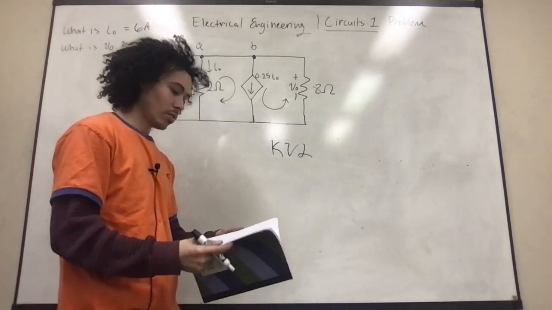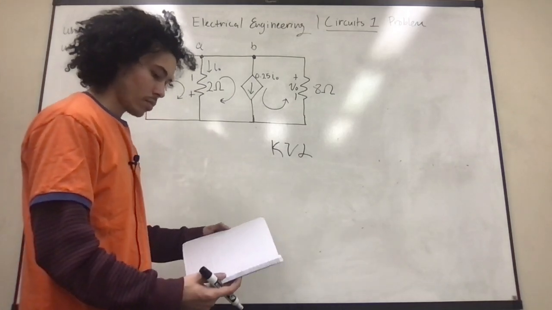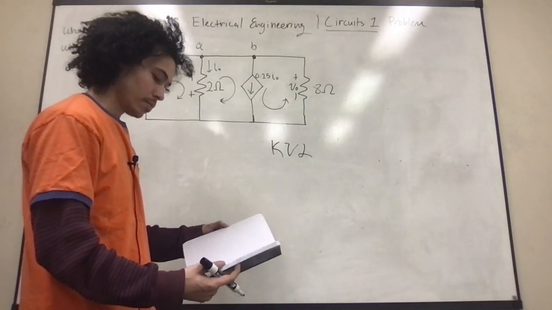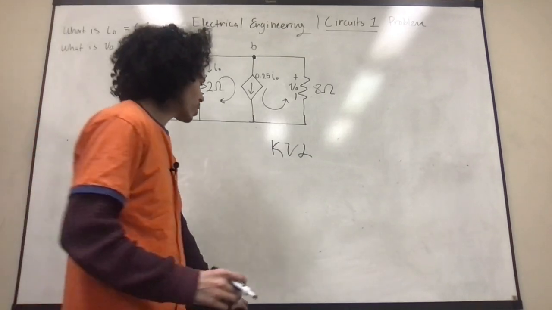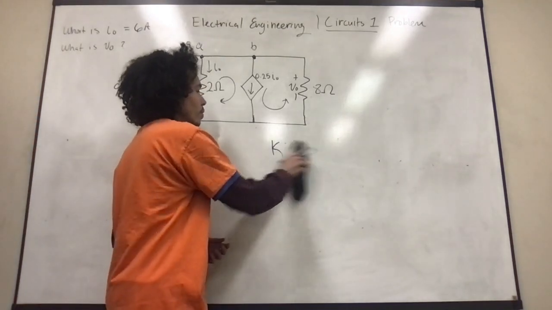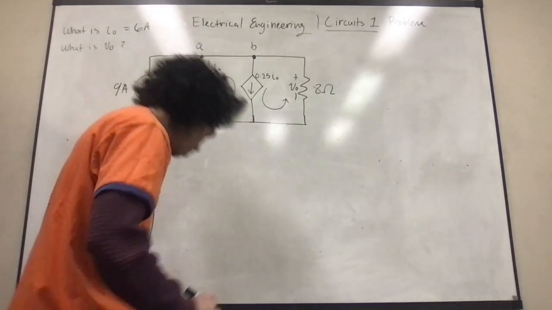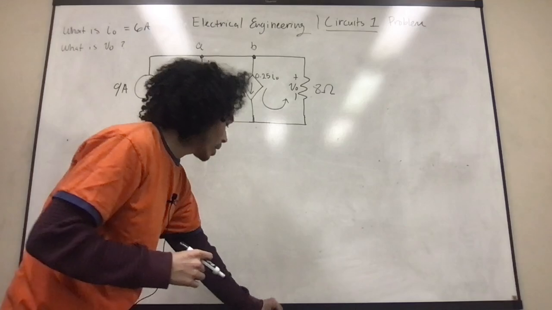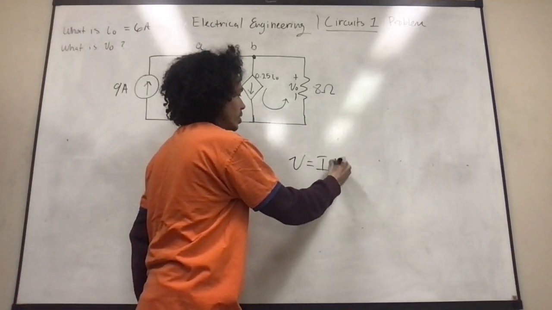Let me just make sure. Yeah, we don't really need to do Kirchhoff's voltage laws for these. We can just use Ohm's law, which states that voltage is equal to current times resistance.